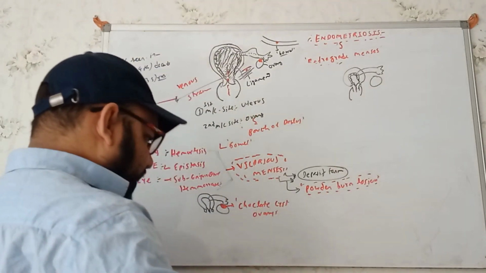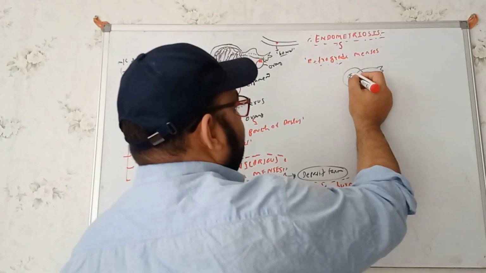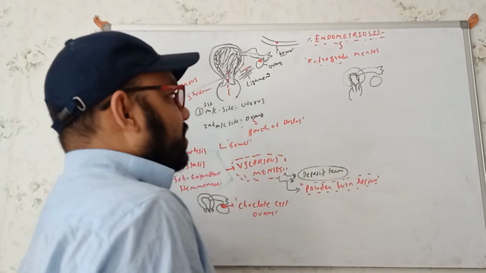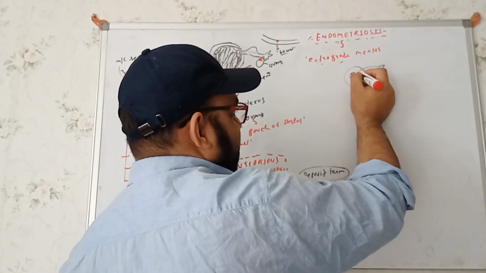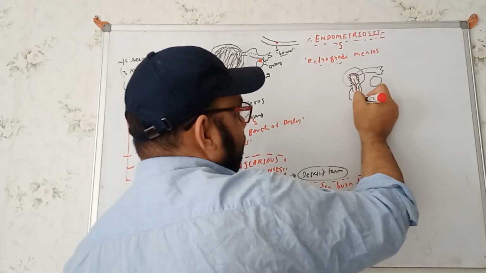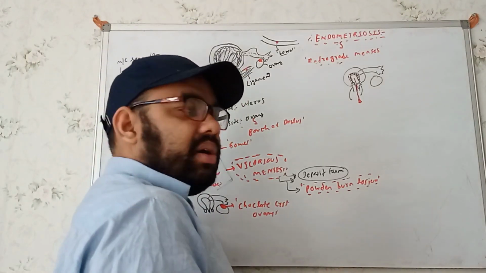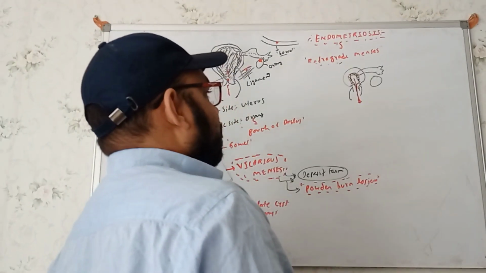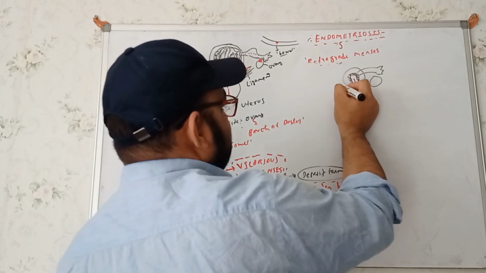Now, what did I say? Whenever the secretory phase comes, by the actions of progesterone, after ovulation, we'll see the shedding of the endometrium and the bleeding will come through the vaginal opening. Now, there is also endometrial gland located in these regions within the ligament portions.